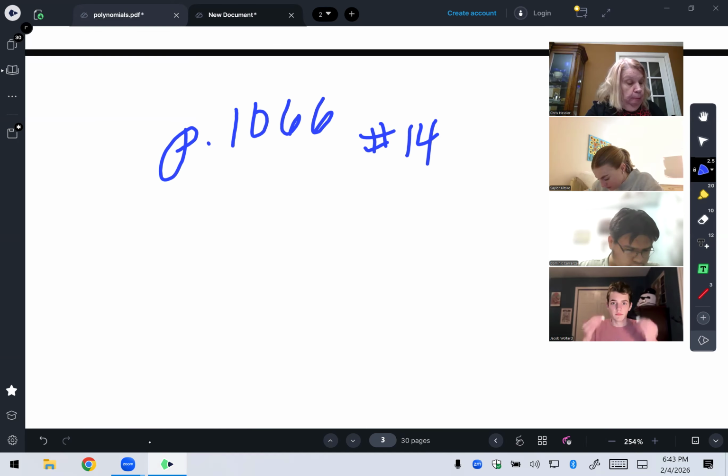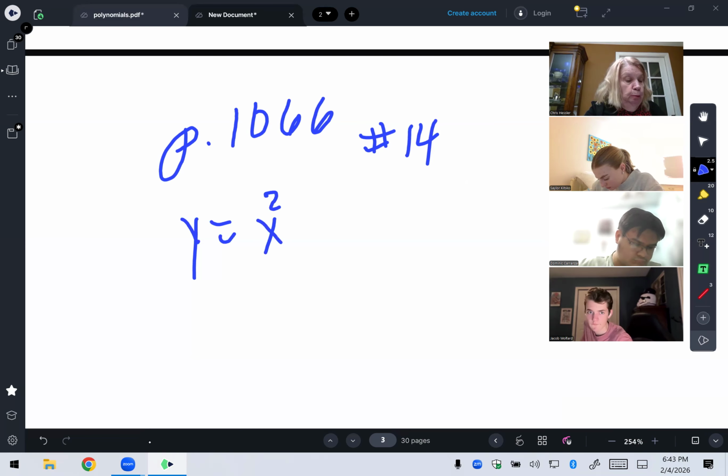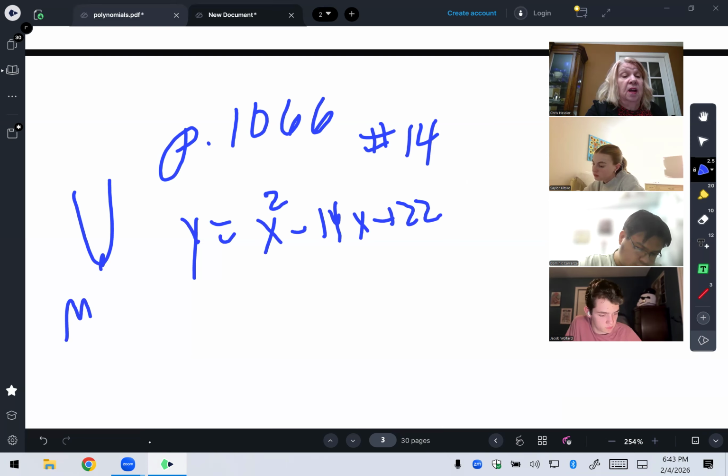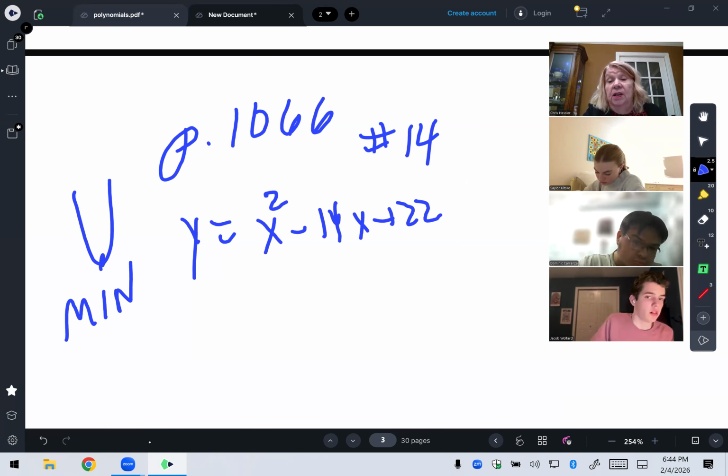Okay, not so bad. We have y equals x squared minus 14x plus 22. And so it's going to be an upwards parabola. They're asking me to give the minimum. So I could put it in Desmos and get the vertex.